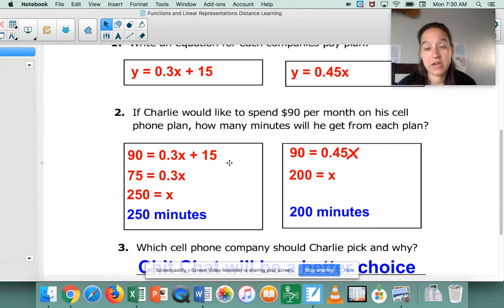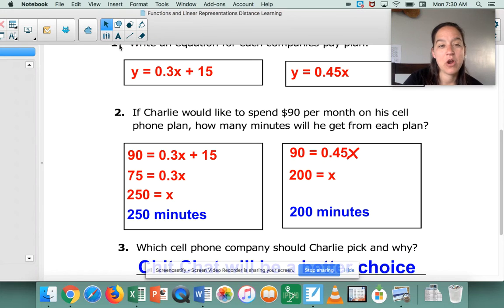We just figured out that if I'm spending $90, it's a better deal to go with Chit Chat. The question in your homework is going to be, is it ever a better deal to go with Stay Connected? And when would it be, if it is? So that's going to be a part of your homework.